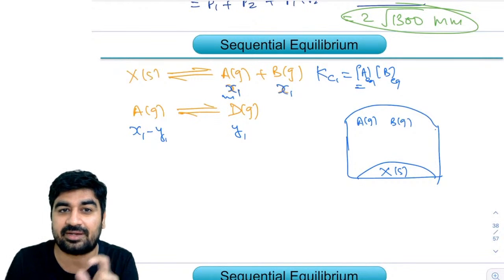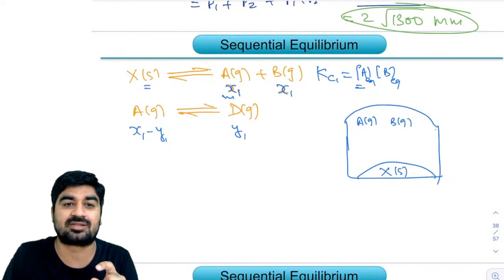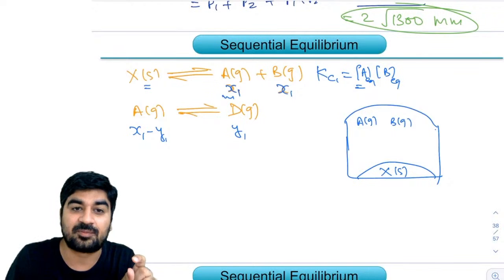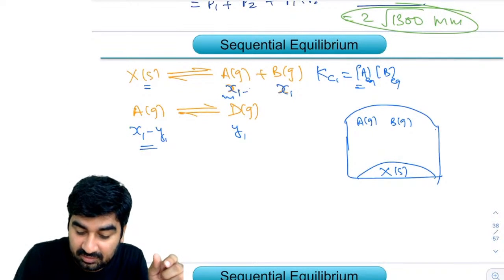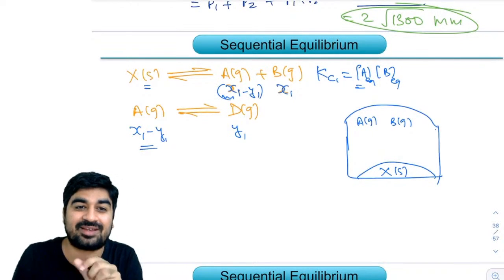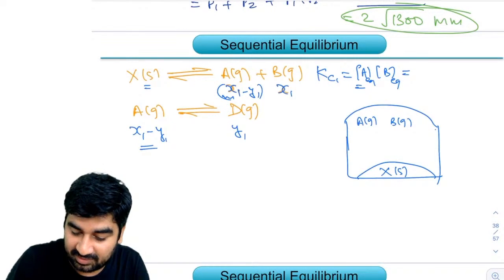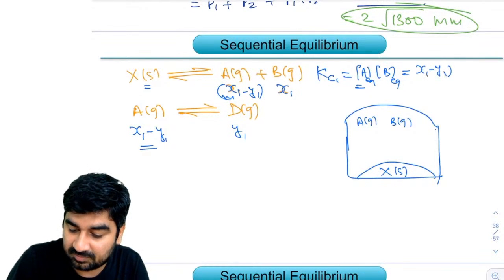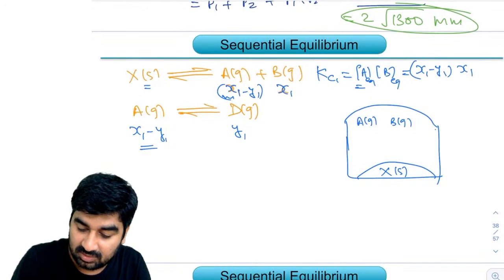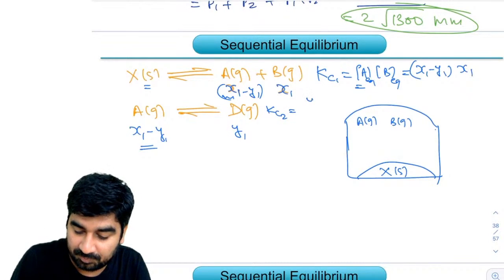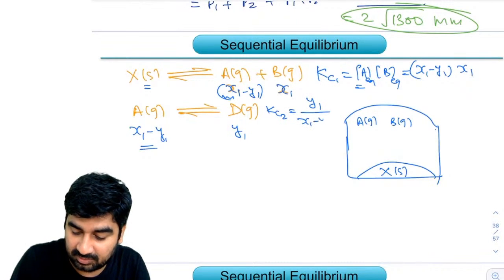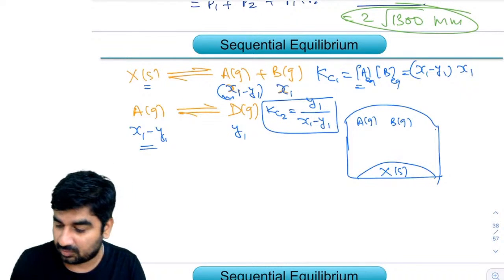It is not that A that is coming exclusively from X. It is the overall A that is left. So if it is reacting here, I have to subtract Y1 here also. So I will write here X1 minus Y1 and it would be X1, and KC2 would be Y1 over X1 minus Y1. Got it?